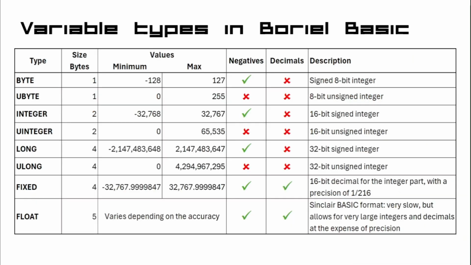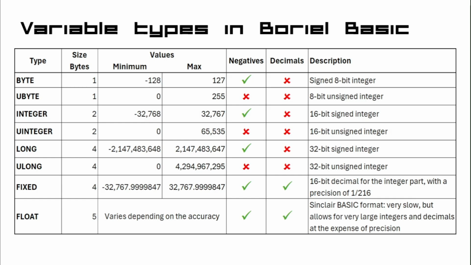How does Boriel Basic do it? Firstly, it allows us to define the type of the data we want to store based on the range of values it can contain, whether it has decimals or not, and whether it can store negative numbers or only positive ones.